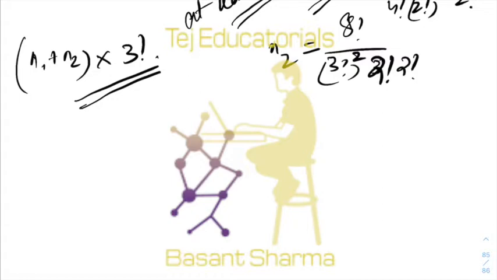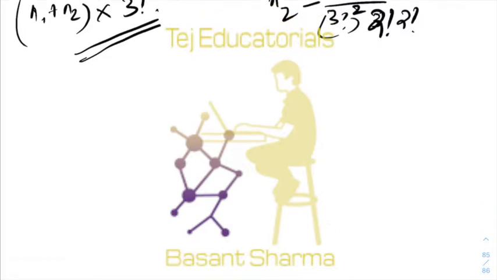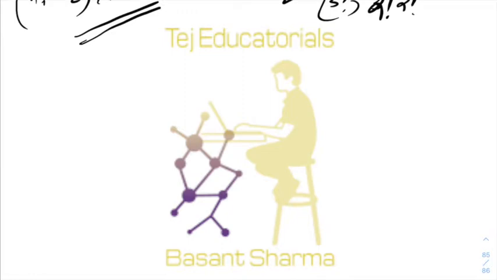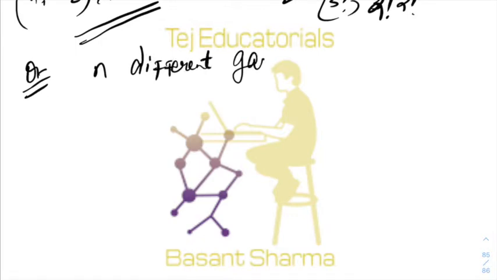Now let's solve some more questions. Question: suppose you have n different games that are to be distributed amongst n children.